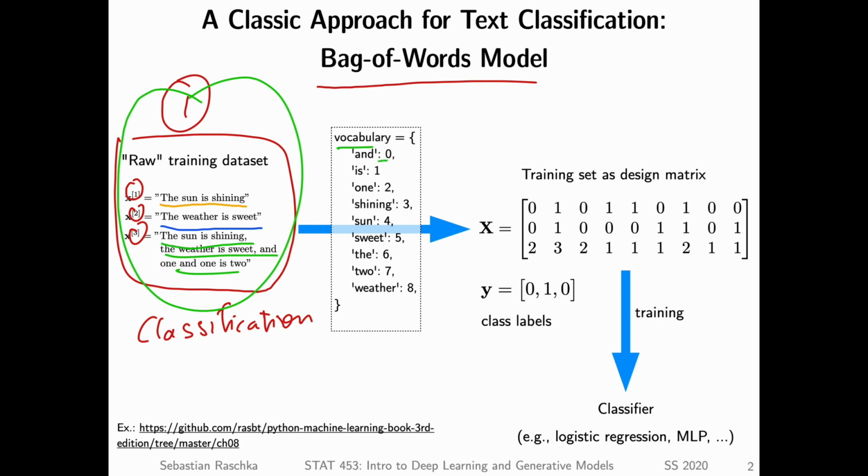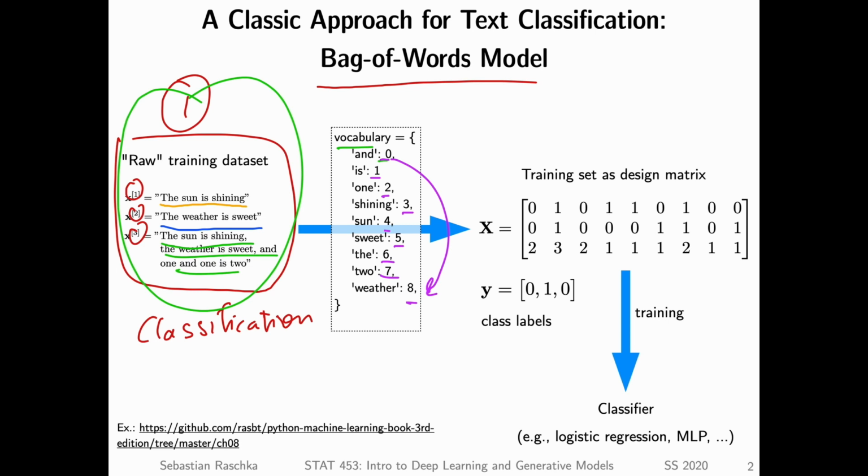When you build the vocabulary, the ordering of the words doesn't matter. It's arbitrary. But then we use the vocabulary to create vectors, and for this, we want to be consistent with the position. So we can assign an index position to each word here. This is the index position from 0 to 8. So I have 9 words in this vocabulary. You can think of it as a Python vocabulary dictionary, by the way.